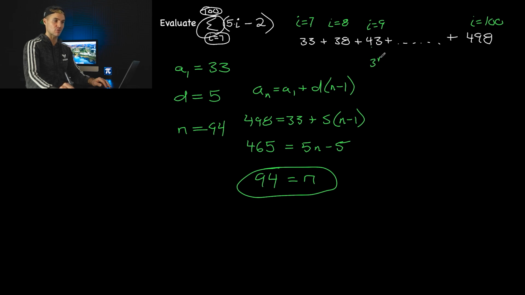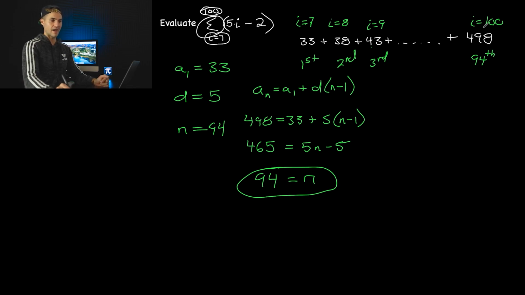This is the first term, second term, and so on. So 9 minus 7 is 2, and adding 1 gives the third term. Using that pattern here, 100 minus 7 gives us 93, and adding 1 tells us that 498 is the 94th term.